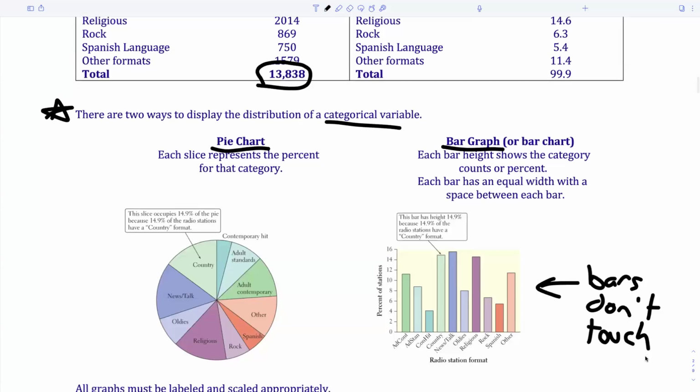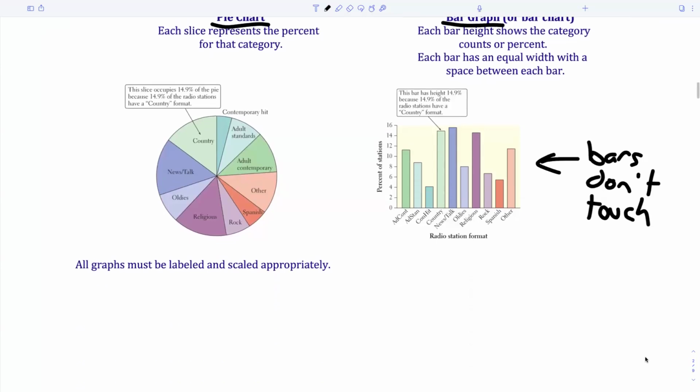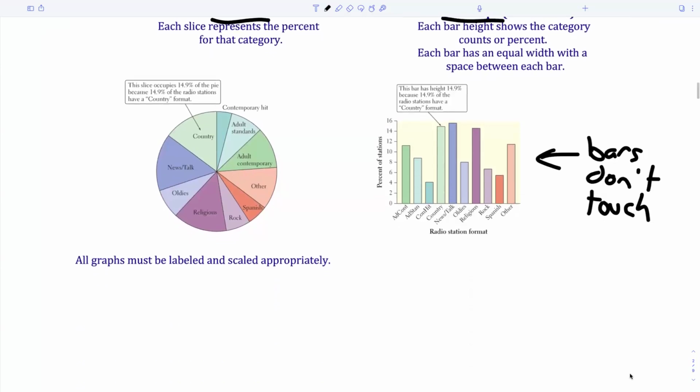First, I wanted to highlight this. All graphs must be labeled and scaled appropriately. Okay, that is really, really important. I have had students before on their first quiz or their first test.